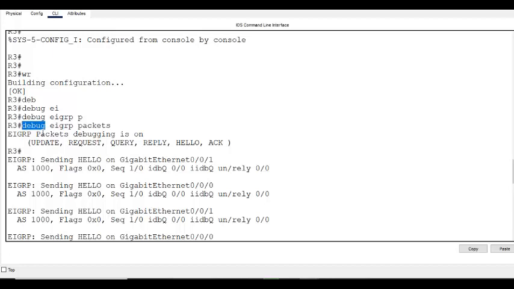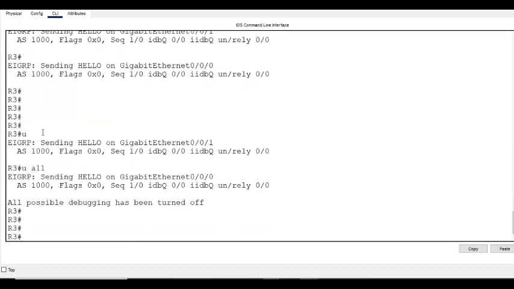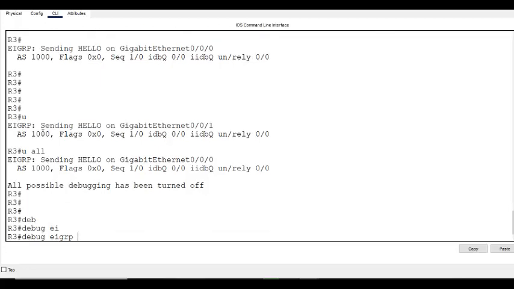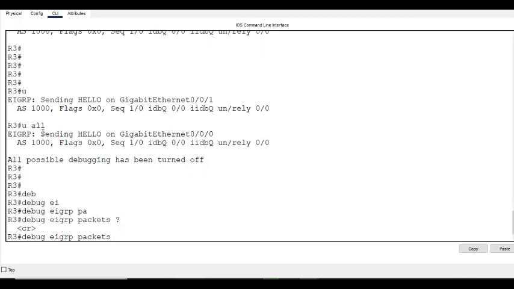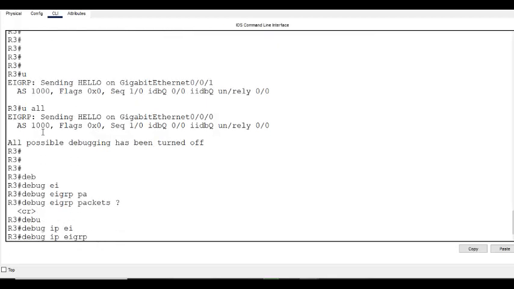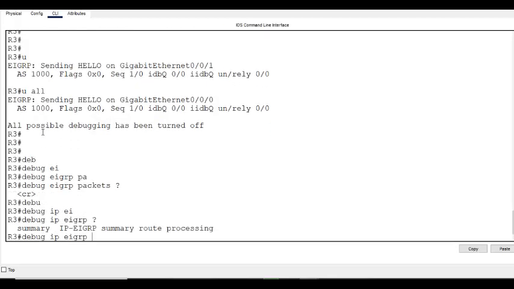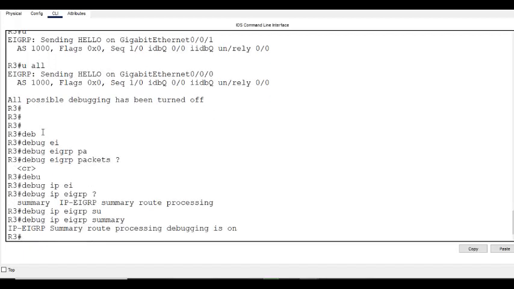Okay, it's going to show only the summary routes. Right now, it's not advertising anything because there is no neighbor. First, it has to form a neighbor. Only after that can it send the summary. Neighbor itself is not there, then why would it send a summary? It won't send. So let's go and configure EIGRP on router 2 also.